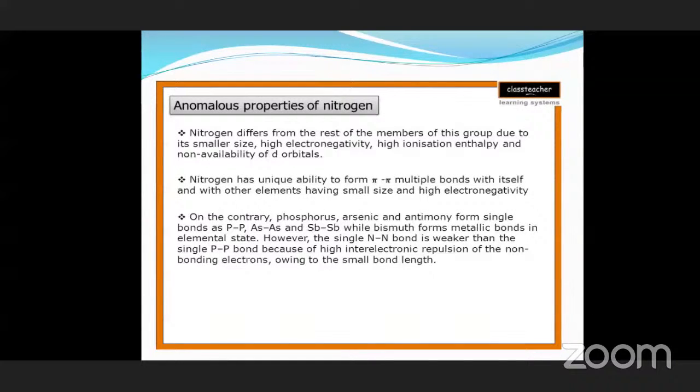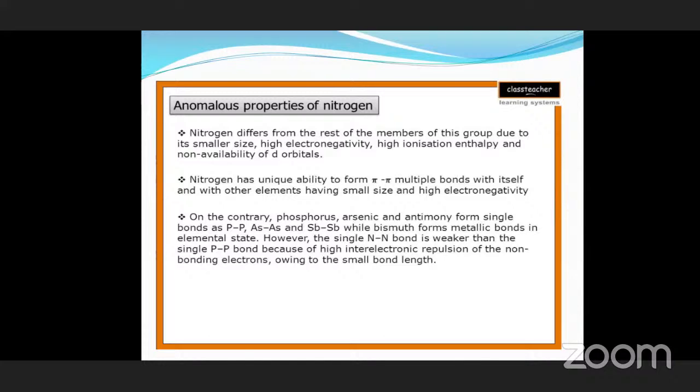Using more bond dissociation energy indicates that nitrogen shows more stability, as well as being less reactive in nature. So this is an important point about nitrogen. That's why you have to remember it.